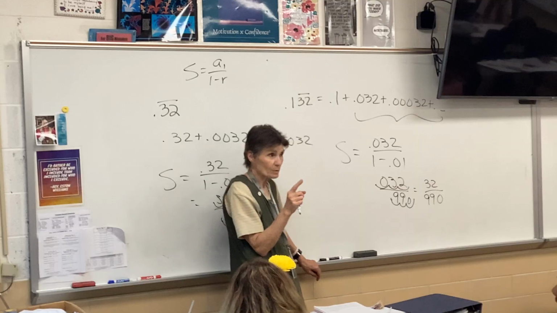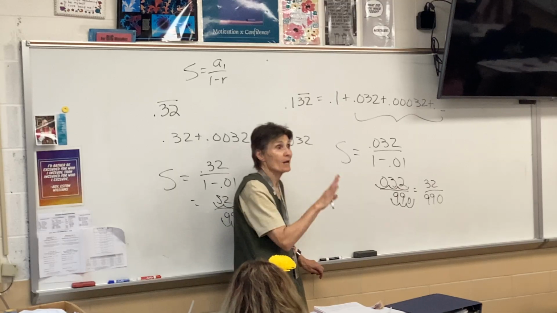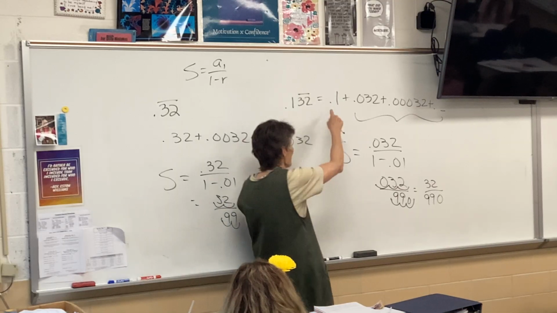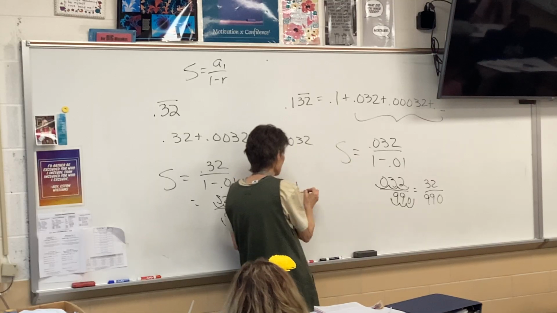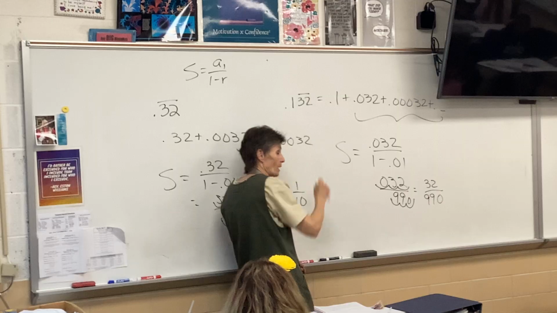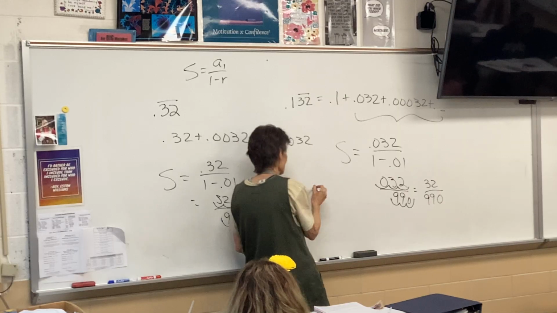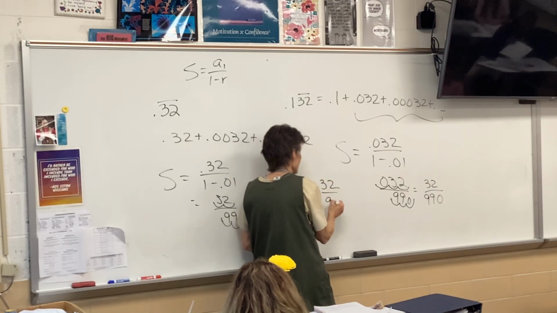Now that one does reduce, but I would suggest not reducing it until you add in your 110. So you need to take 110 and add 32 990ths.